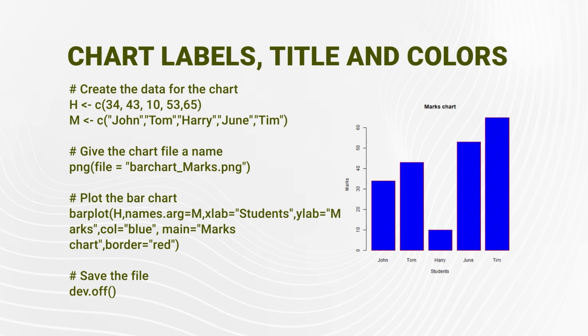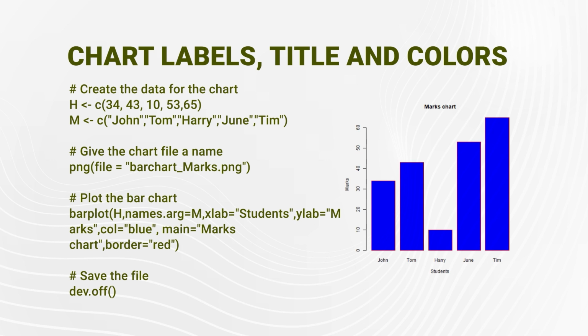Another argument is assigned as m, and xlab means the label of the x axis is students and the label of the y axis is marks. You can see it from there. The color is set as blue, so you can see the chart is blue.